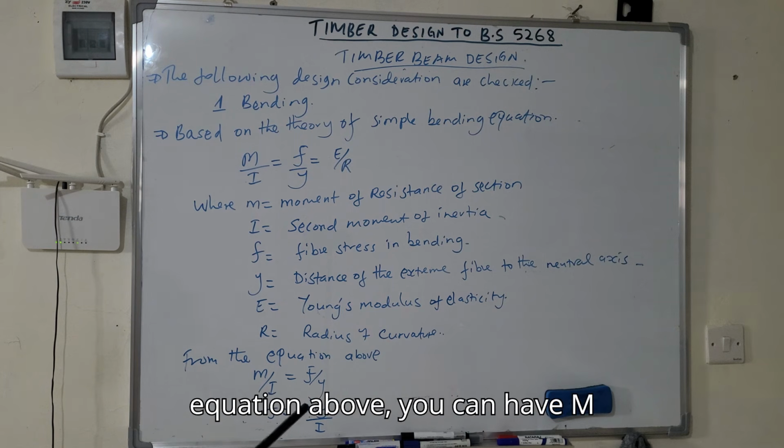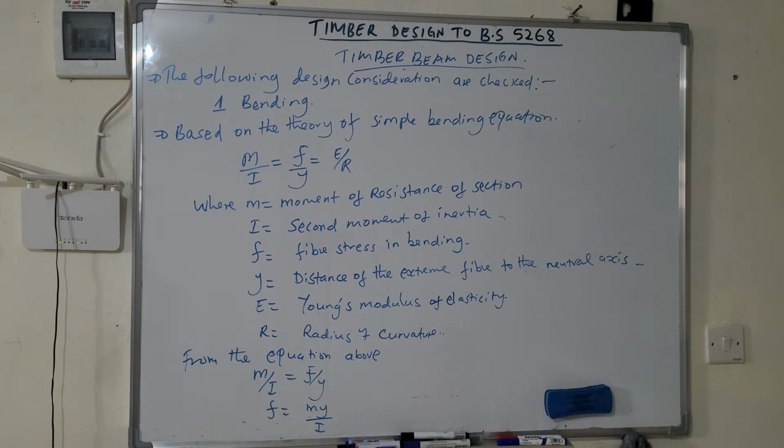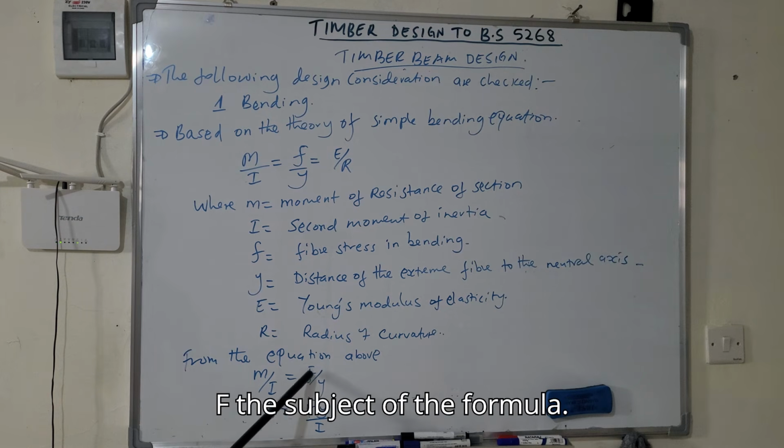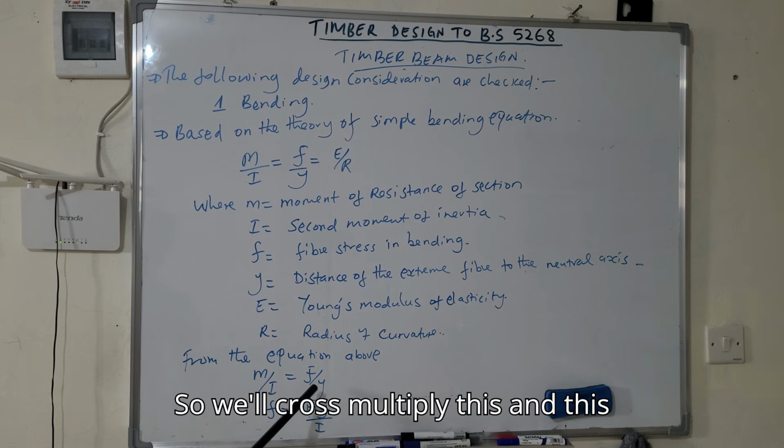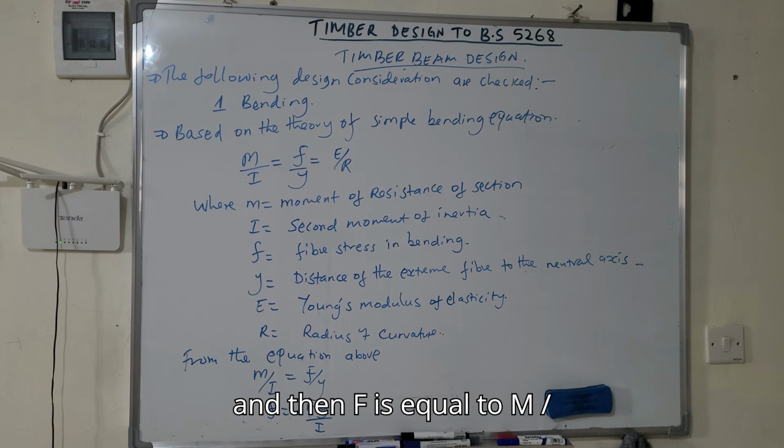From the equation above, we have M over I is equal to F over Y, whereby you can make F the subject of the formula. So we cross multiply, and then F is equal to My over I.